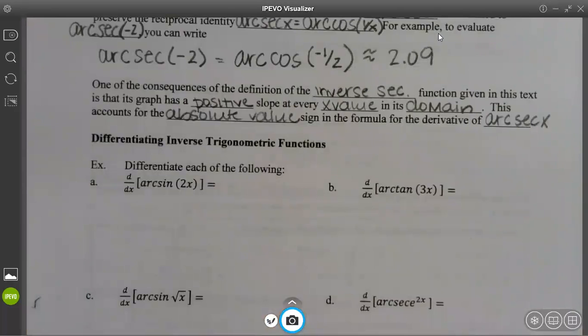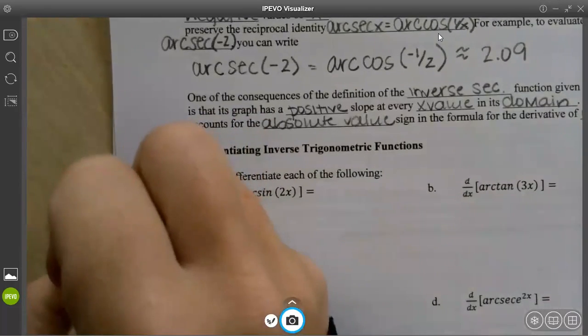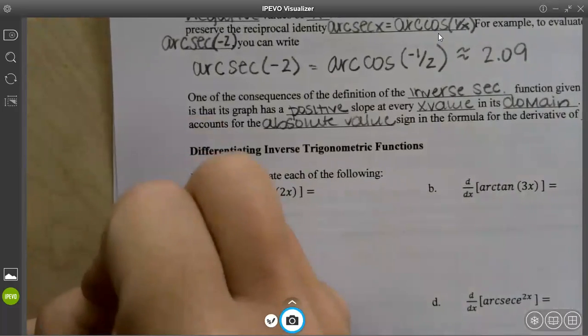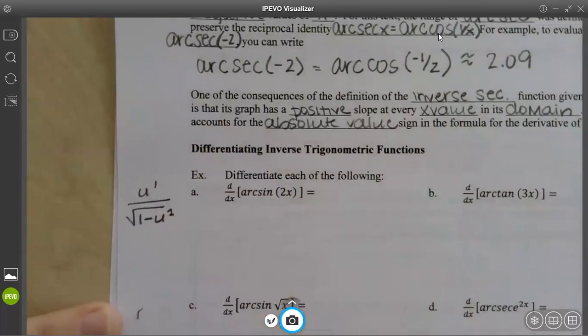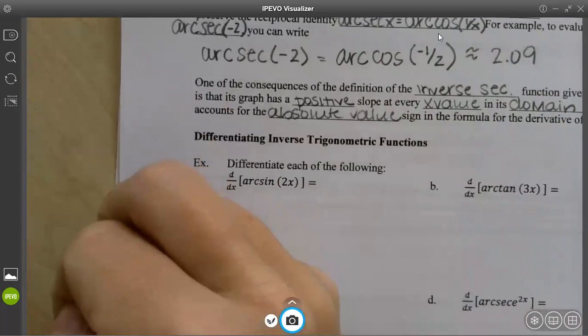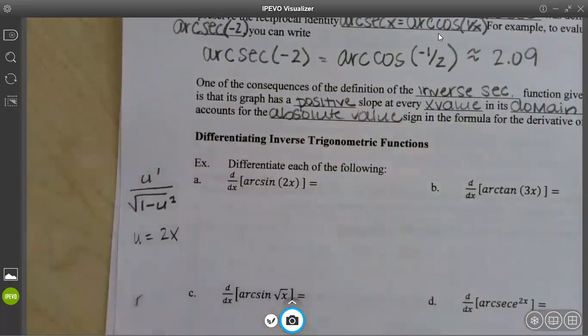Use your function. So the first one says take the derivative of arc sine 2x. So our arc sine says u prime over the square root of 1 minus u squared. In this one, our u, or our function within the function, is 2x.